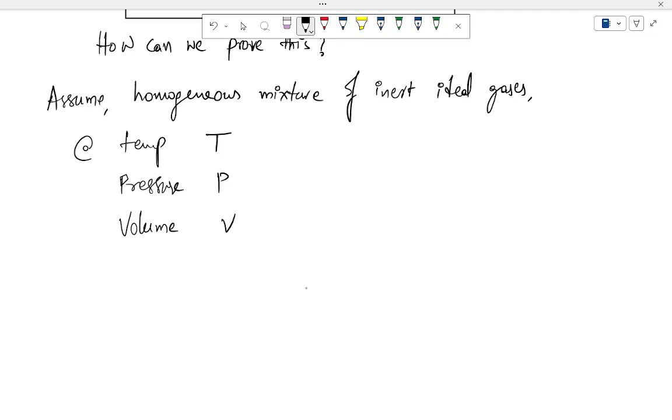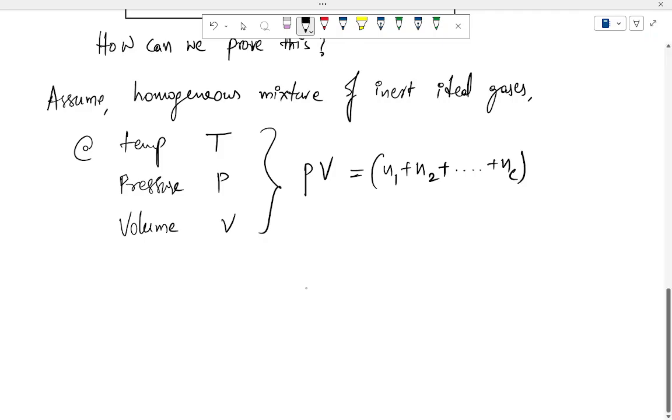If I apply the ideal gas equation, on my left hand side I get PV, and on my right hand side I have so many gases. For those gases I have to take N1 plus N2 plus so on plus Nc, so many moles, taking the sum of all those moles.